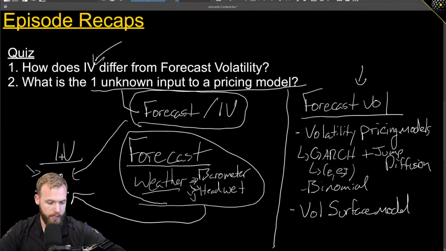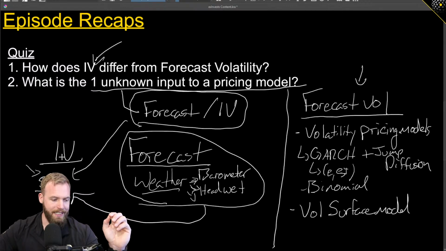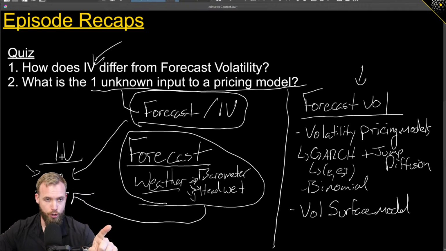I live in Southern California. Right now it's 55 degrees. So if I were to guess what the temperature is going to be tomorrow at the same time, 17:15, what is my best guess?